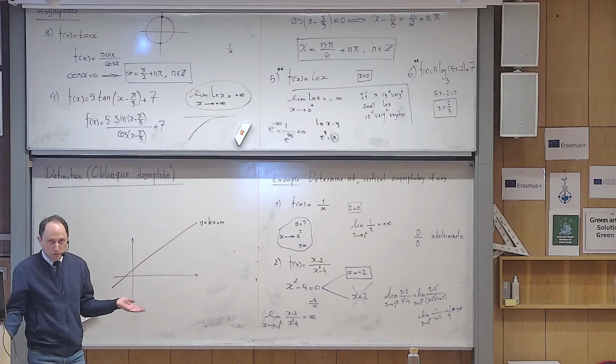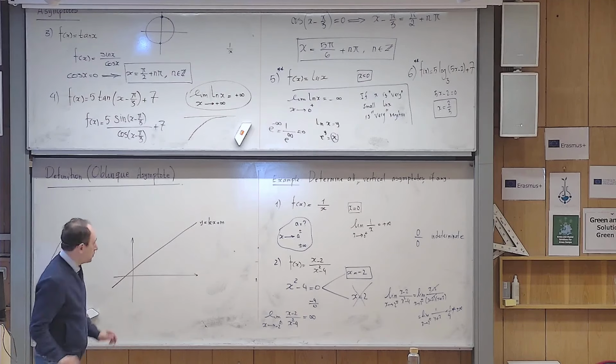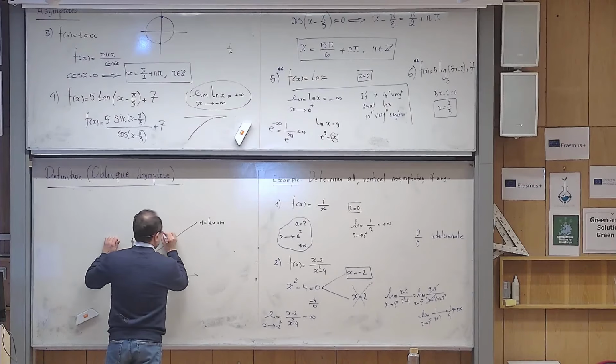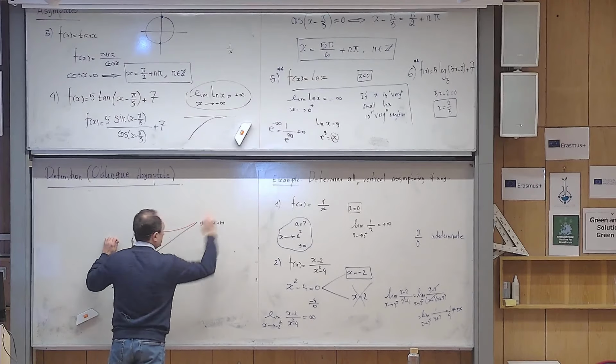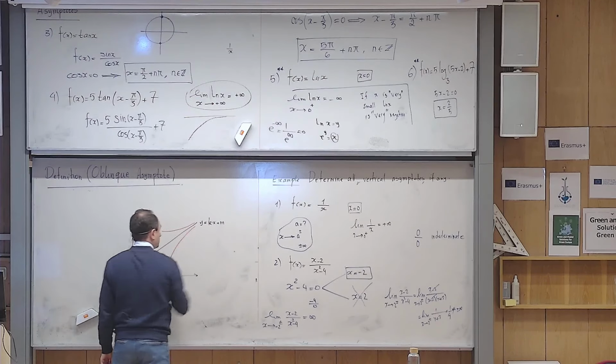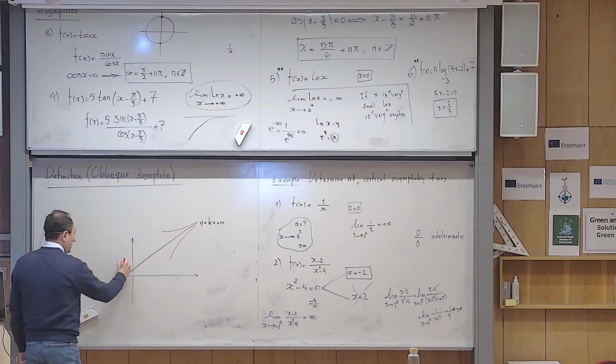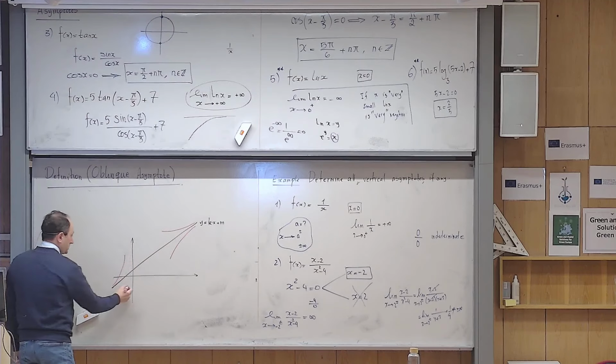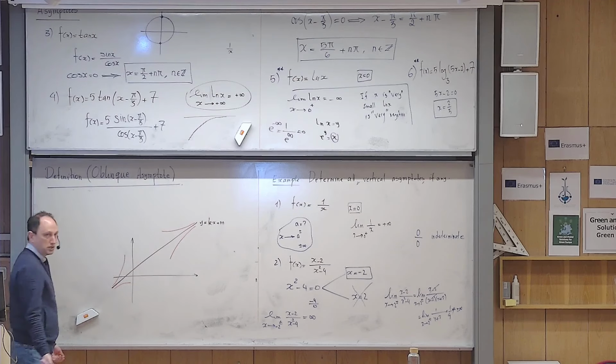The same asymptotic behavior, yes? So this might happen on the far right, or on the far left. These are the cases.